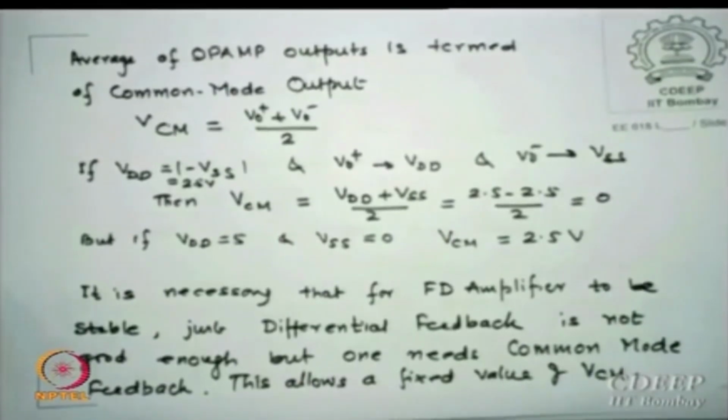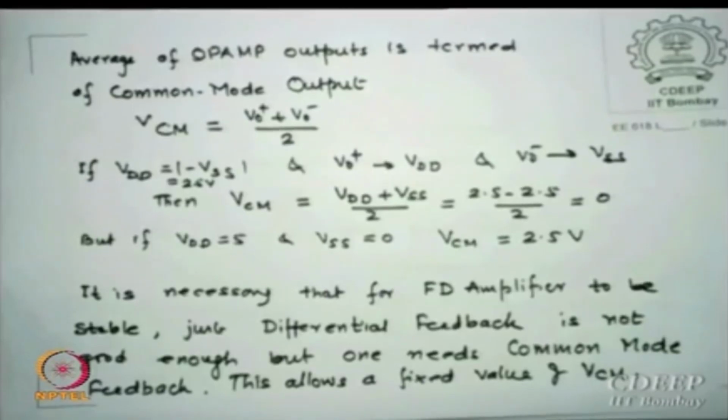Because VOs are coming out of the current, so if you can fix them, then VCM will always be adjusted to the VO max plus VO min. Please remember, it need not be VDD, it can be any value in between minus VSS to VDD. You can choose any value, and the average of those two will be the VCM value, which is the DC value you want to decide on.